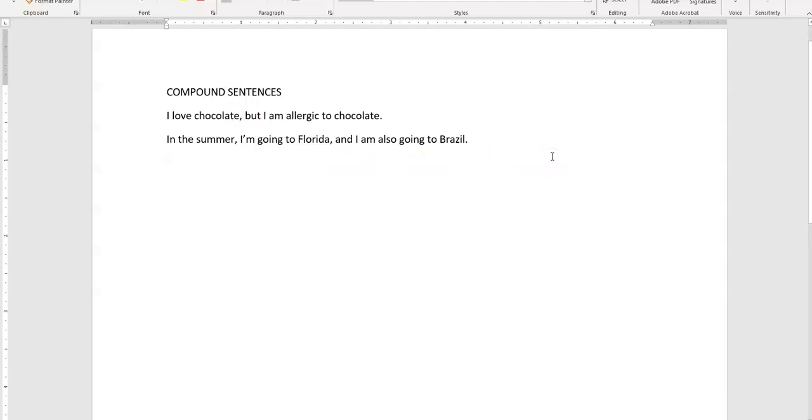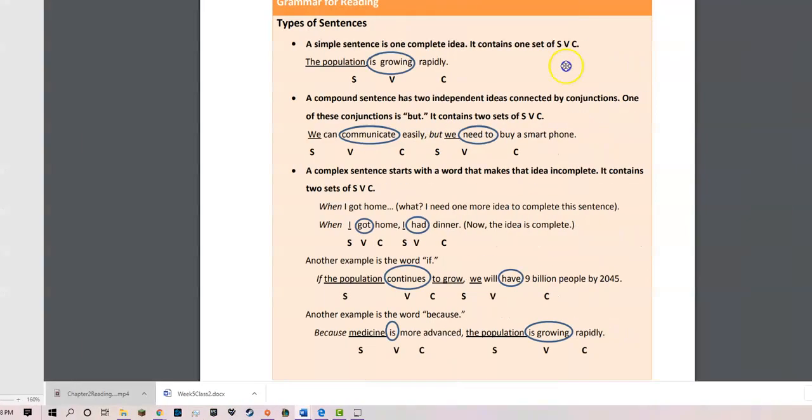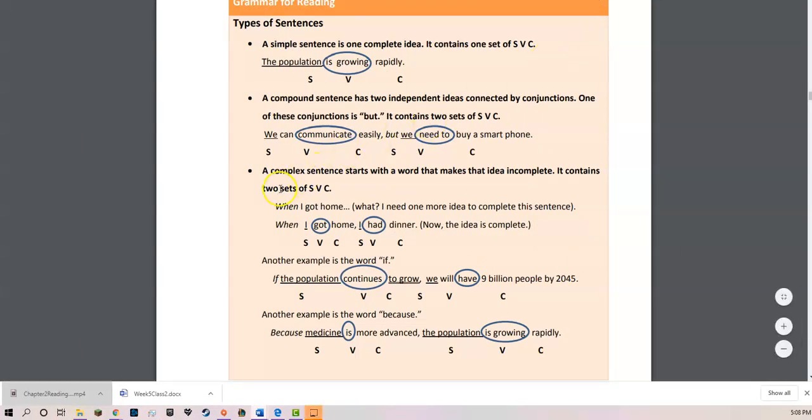All right? Well, there's another kind of sentence. This one you learned in your homework 1, which is called a complex sentence. Okay? Why is that a complex sentence? Well, let's take a look. So if we look in the book, we're going to see sentences, for example, with when. Let's see.